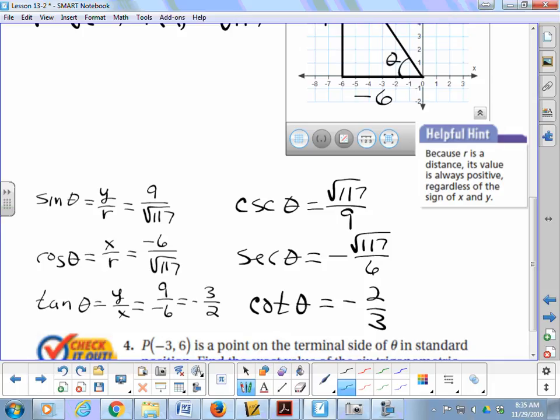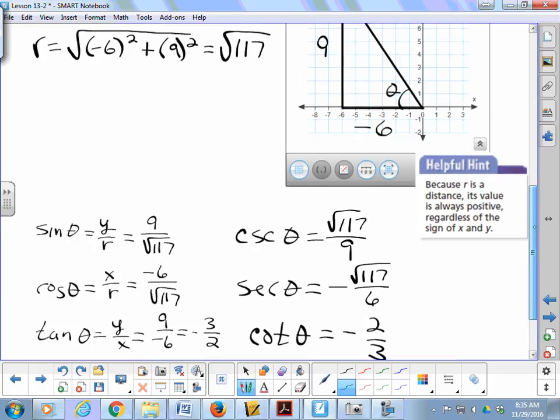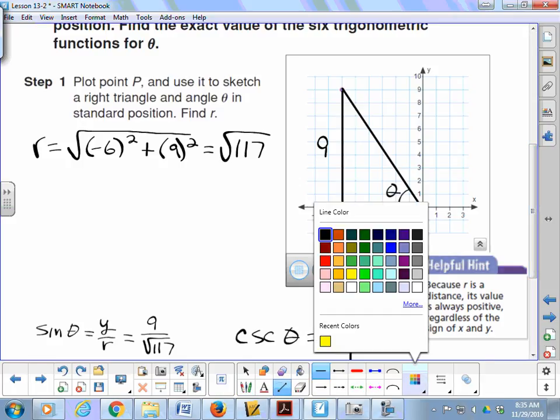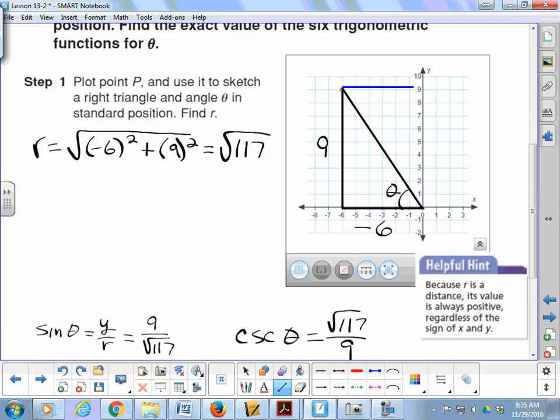So we're still working with a right triangle basically when we're doing these, but like I said, I would find r and then just put things in where they need to go. You don't have to draw a picture of it, because I found that people don't draw the pictures very well. What will happen is, even if they plot the point right, they'll then draw the triangle here instead sometimes.